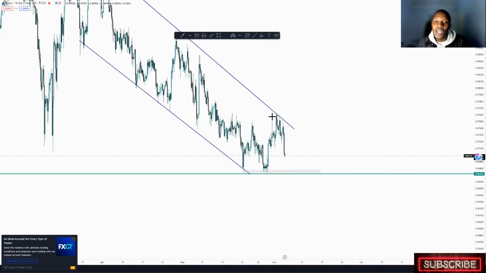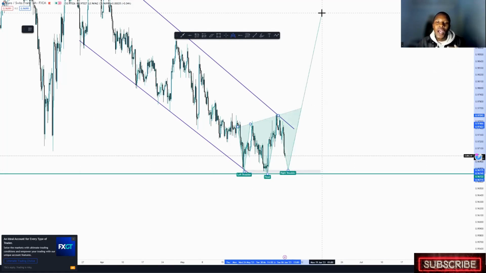Because you would understand that a reversal of a bearish trend, if the bearish trend has run out or is at the end, happens by means of a double bottom or an inverse head and shoulders. Meaning that if that is what is to happen, then we would definitely like to see Euro Swiss franc giving us that right shoulder that will actually tell us that the market does want to push the price to the upside.